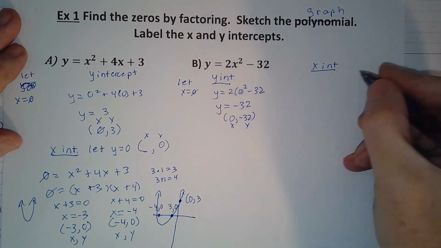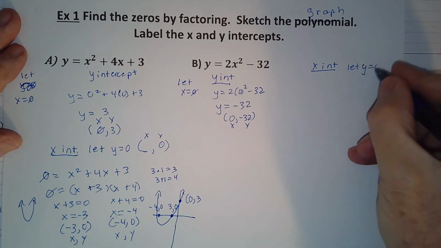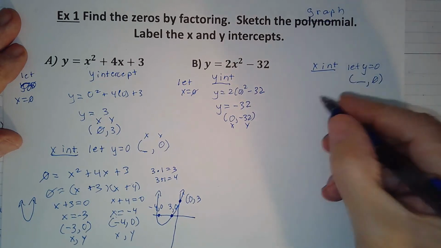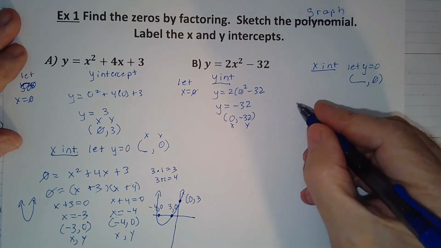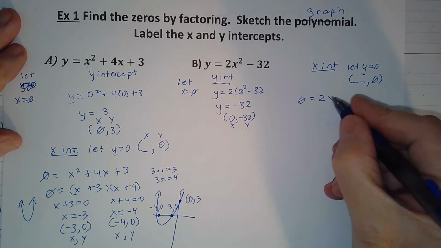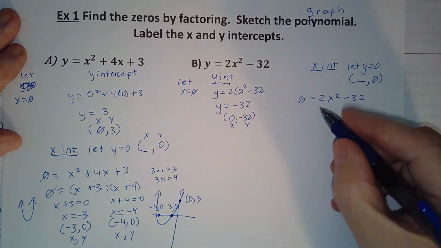So the x-intercept, again, we're going to let y equal 0. So it's going to be blank, 0. So we're going to do 0 equals 2x squared minus 32. All right, so we've got to factor.